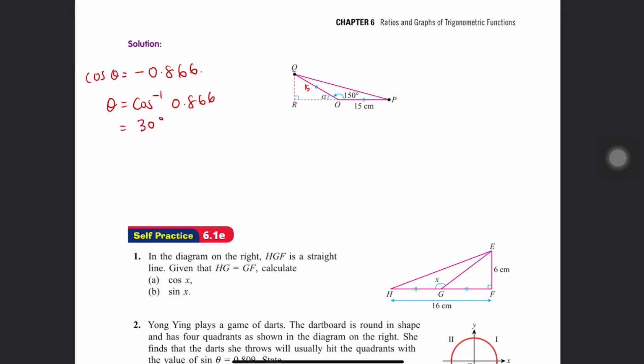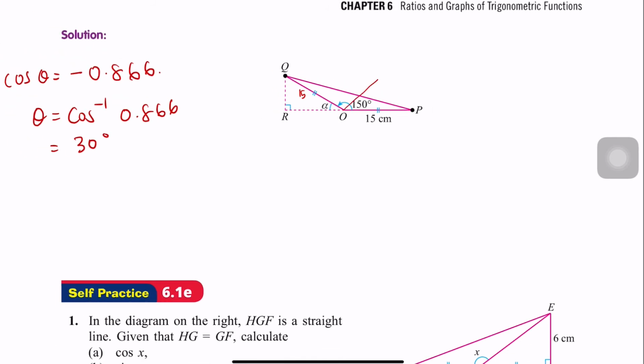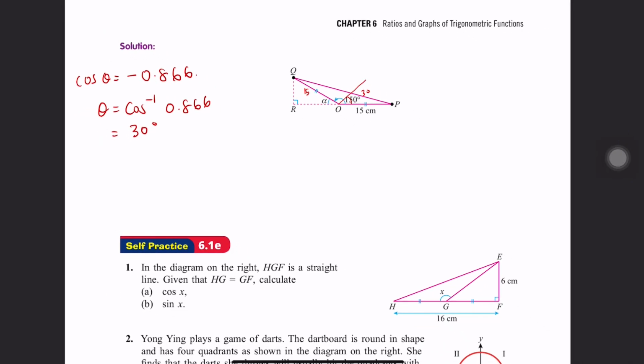Okay, so maksud dia belah sini saya conteng maksud dia belah sini is 30 corresponding dia. Okay, so sini pun 30 juga. Okay, so theta kita is 180 minus 30 and you will get 150. Betul lah. Okay, so correct. Okay, betul lah apa yang kita kira ni.